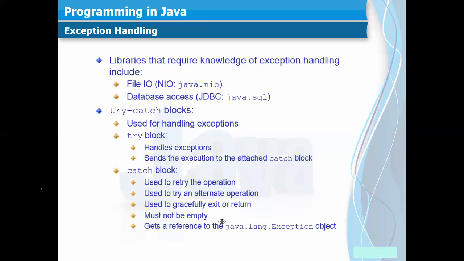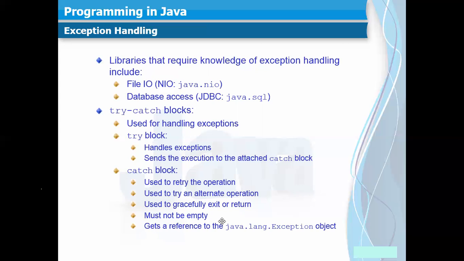So basically, the try block is used to guard your exception. Catch block is used to handle the exception. Okay, it's just like correlated to each other. Try and catch.